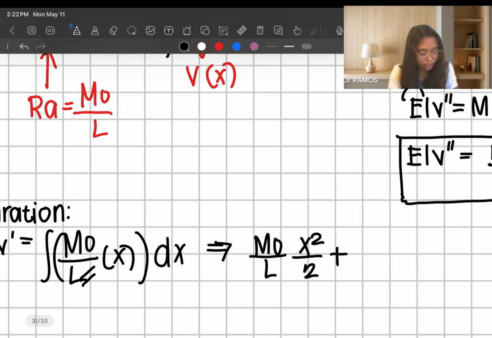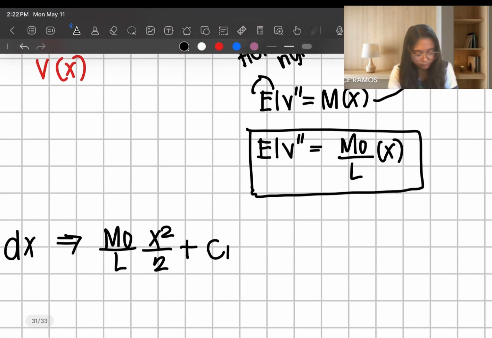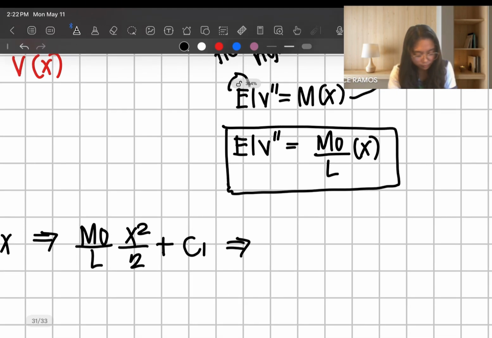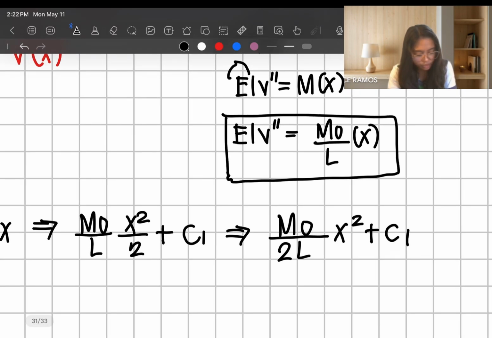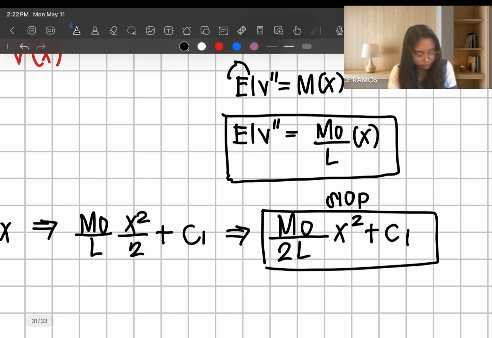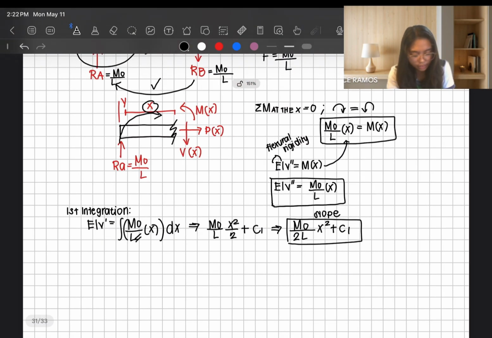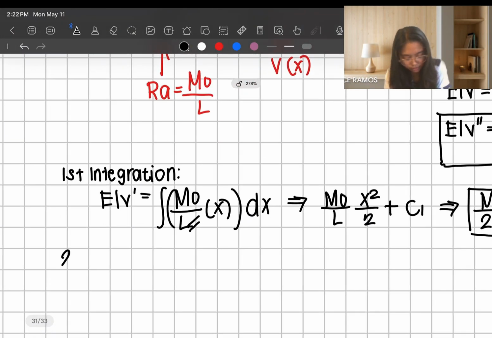Don't forget our arbitrary constant c. After combining, we will get moment divided by 2 times the length, x squared plus c sub 1. So, this is now our equation for the slope.